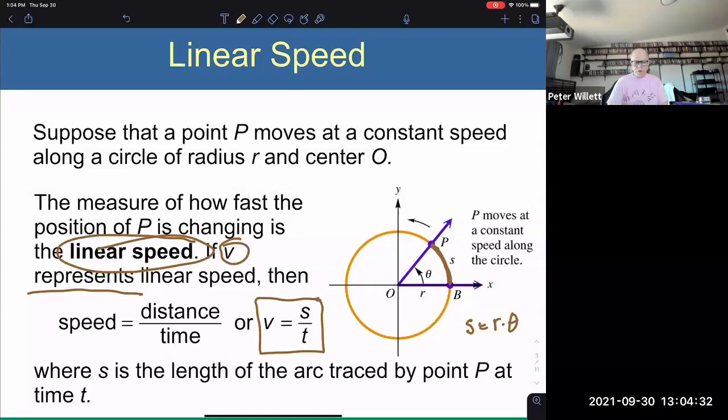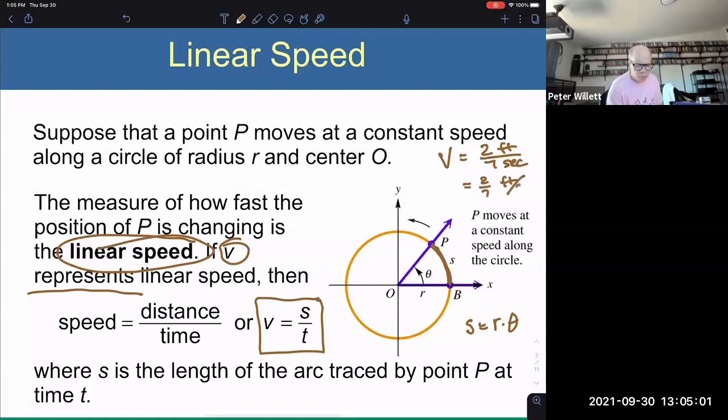So if, for example, we knew that the arc length was 2 feet and that the time was in seconds, like maybe 7 seconds, then the velocity was 2 feet divided by 7 seconds, or 2/7 of a foot per second as a rate of speed.